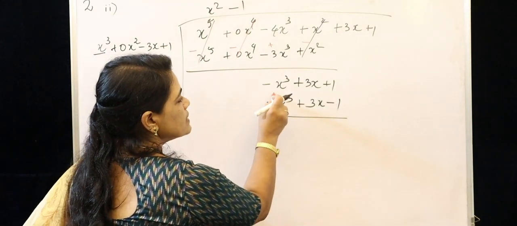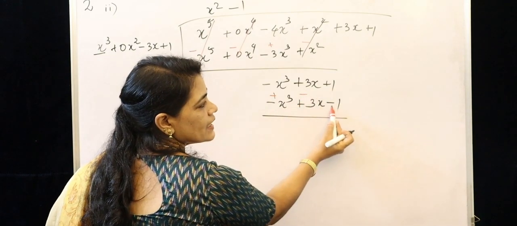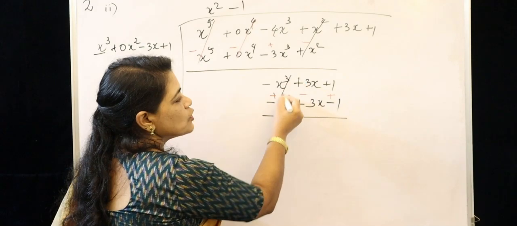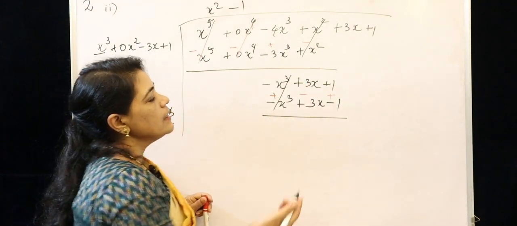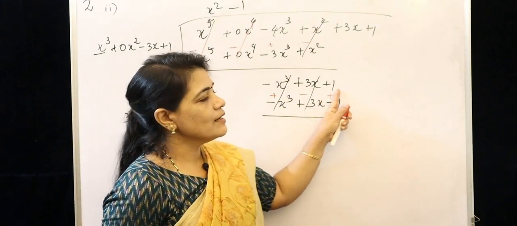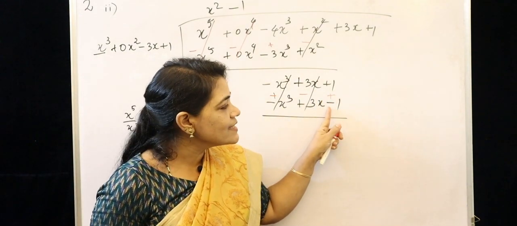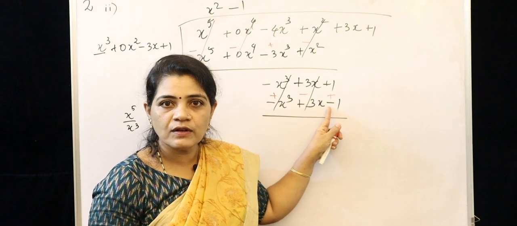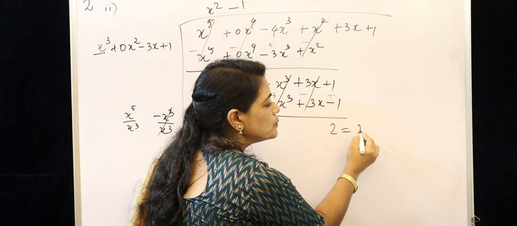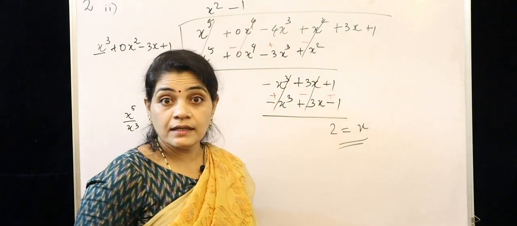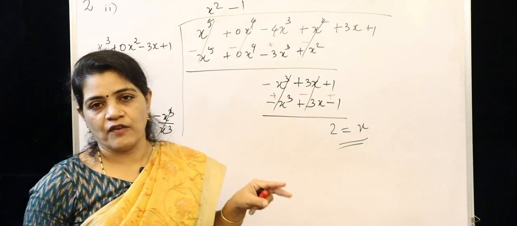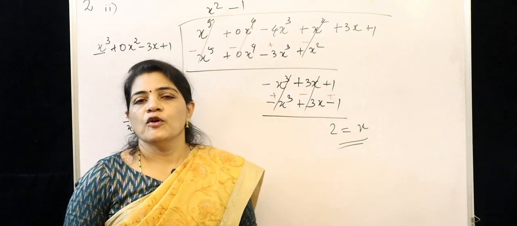So this becomes plus, this becomes minus, but this negative becomes positive. Okay, so negative x³, positive x³ get cancelled, 3x and minus 3x get cancelled, but here children positive 1, after changing this negative 1 we have positive 1, so both together we get a remainder equal to 2. Since the remainder is not equal to 0, g(x) is not a factor of the given polynomial p(x).